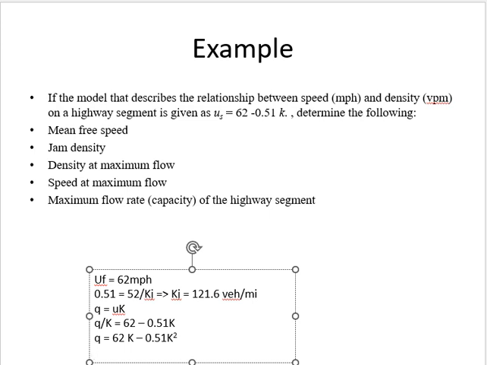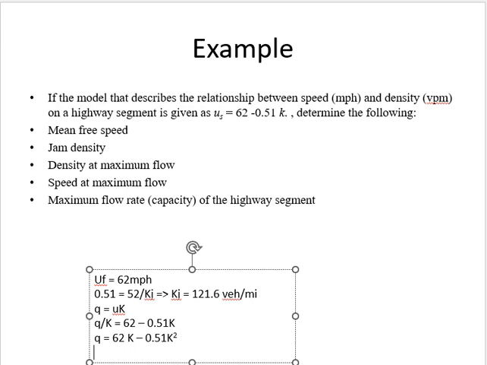How much? 61.78. So this is the density when slope becomes 0. When does the slope become 0? When the Q is maximum. So this is the density when you have maximum flow.